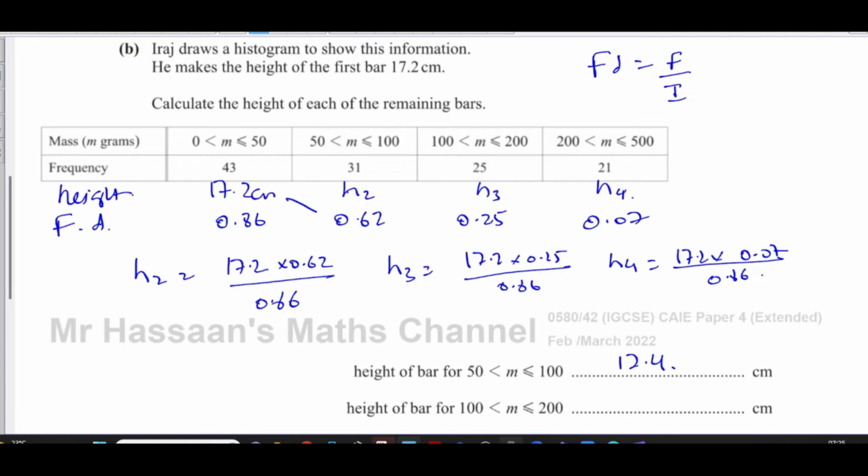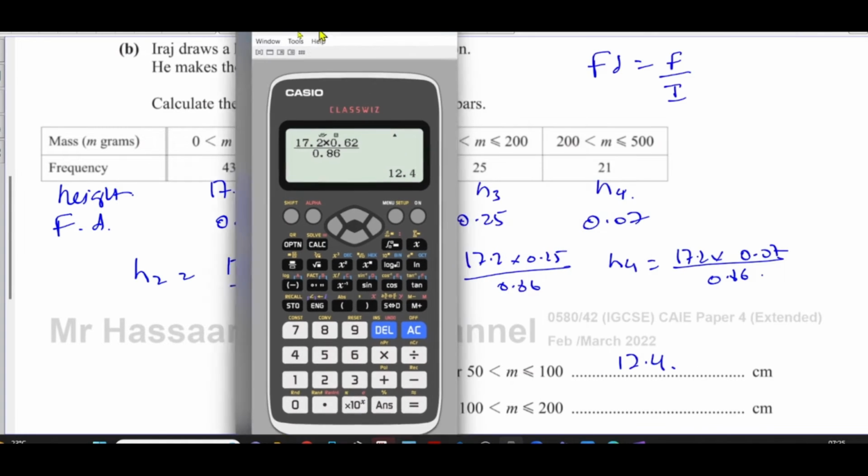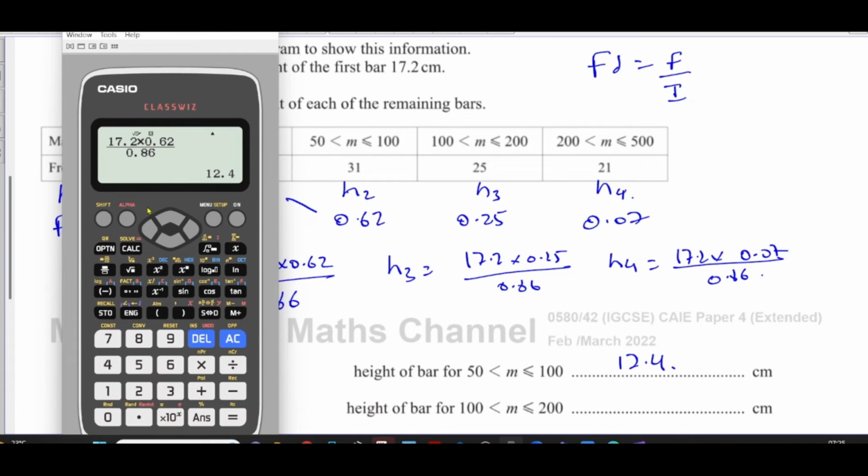For the next one, it's the same calculation, except that becomes 0.25 instead of 0.62. So I'll go back and change that to 0.25. And that gives us 5.